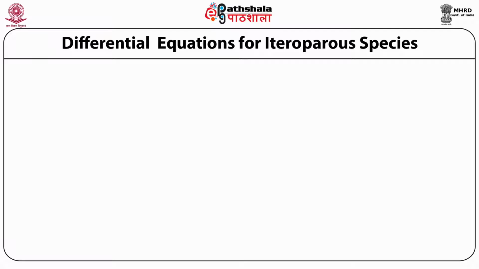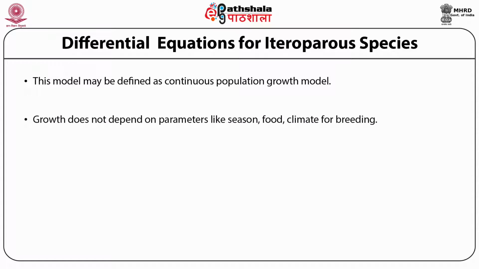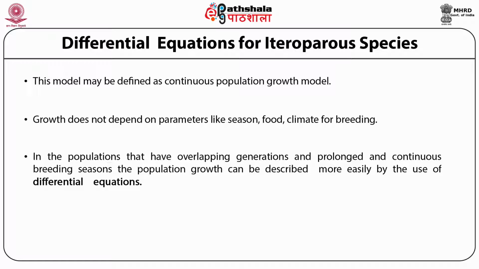Exponential growth equation in iteroparous populations. This model may be defined as a continuous population growth model, like compound interest. Growth does not depend on parameters like seasons, food, or climate for breeding. In populations that have overlapping generations and prolonged and continuous breeding seasons, the population growth can be described more easily by the use of a differential equation.